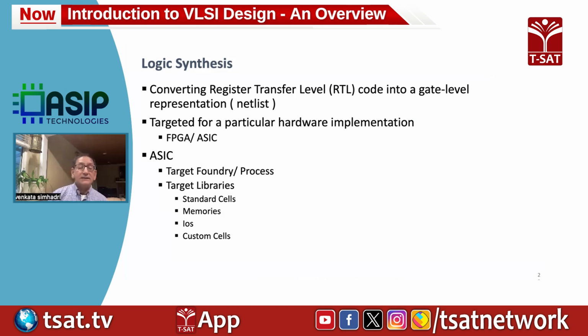If it is an FPGA, typically people use Xilinx and Altera. These are two of the most popular FPGA companies in the world, and they got acquired by AMD and Intel in the recent past. But if it is an ASIC, you start with identifying the foundry.